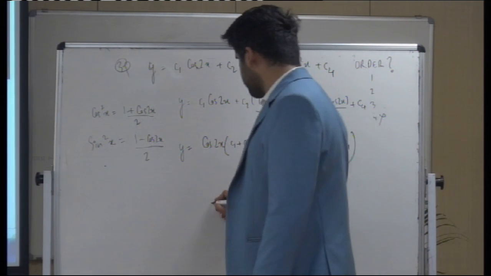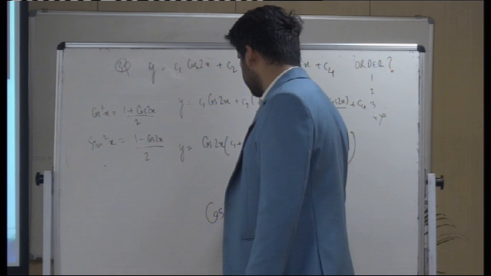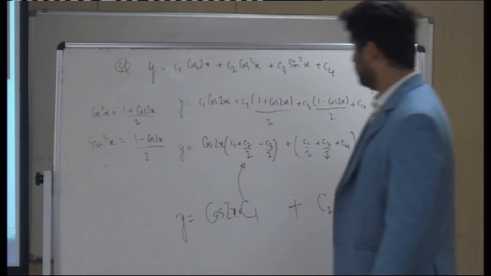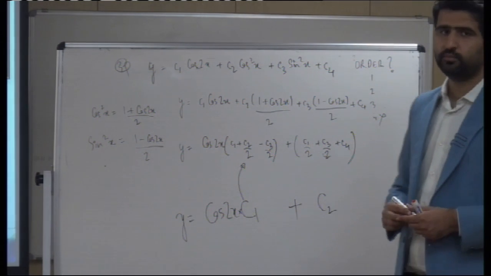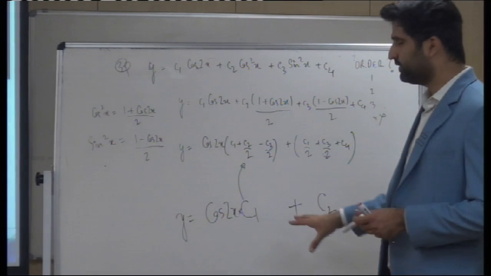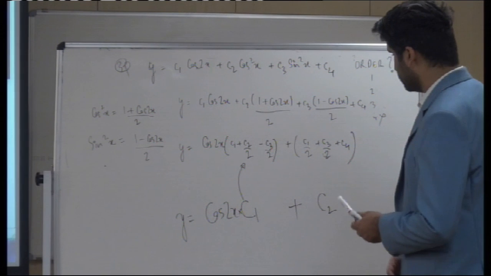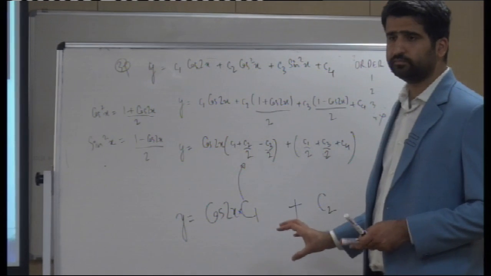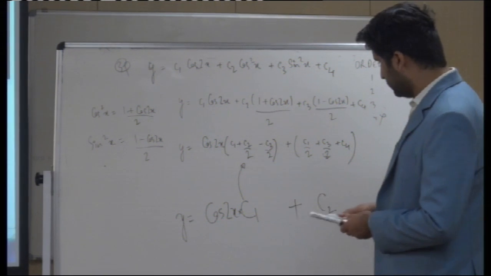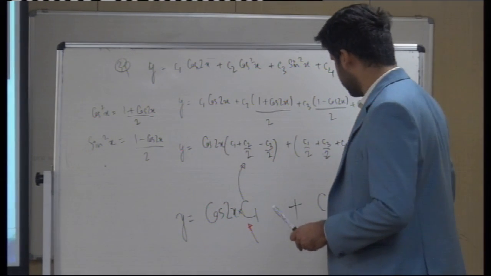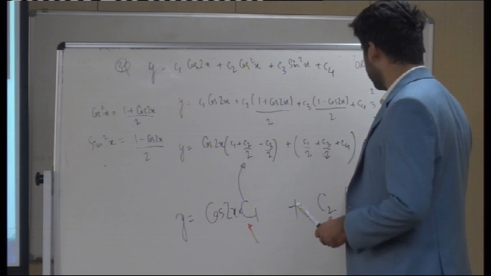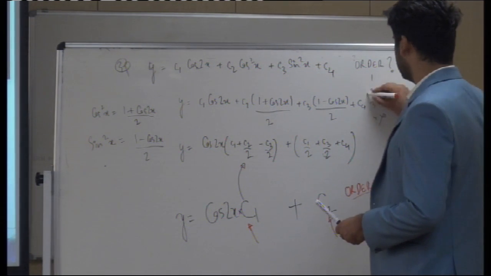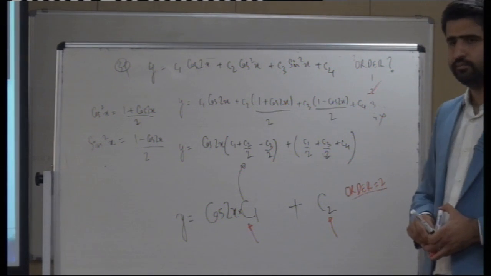So the final equation which we get is y equals cos 2x into capital C1 plus capital C2. Clear to everyone? So how many effective arbitrary constants are over here? Just two. First is this one, the second one is this. So therefore the order for this equation is equal to 2. Clear?